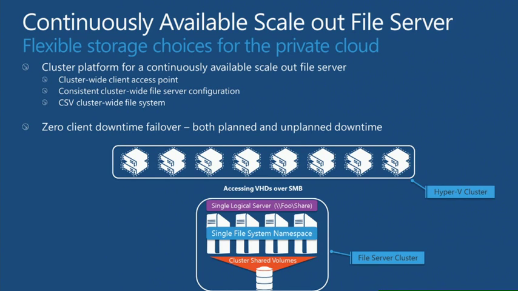In 2012, we've added a new distributed network name resource. For a single network name, we are registering multiple IP addresses with DNS, and we are binding them. We also have a new cluster resource called the distributed file server.